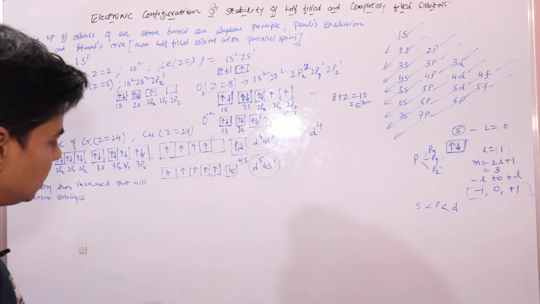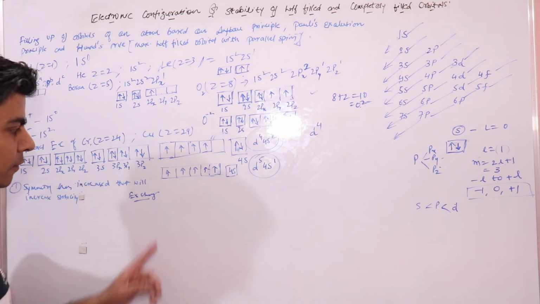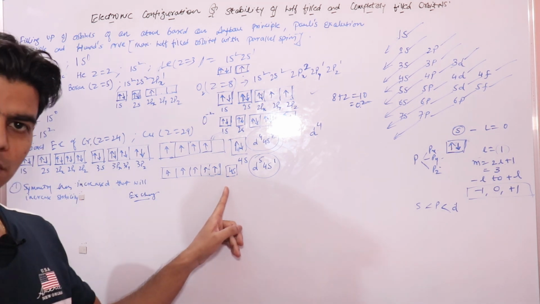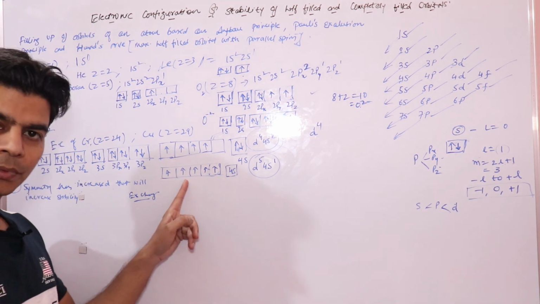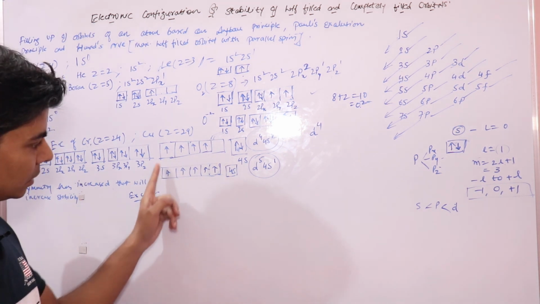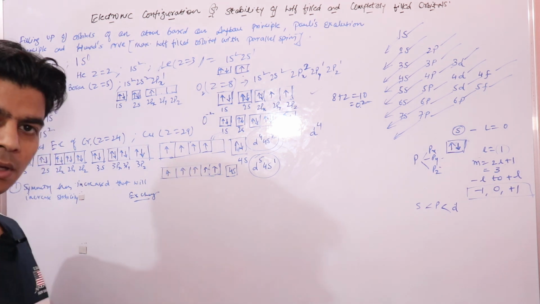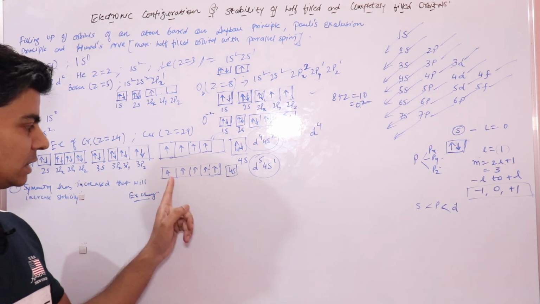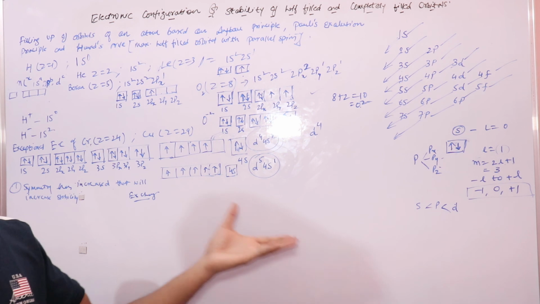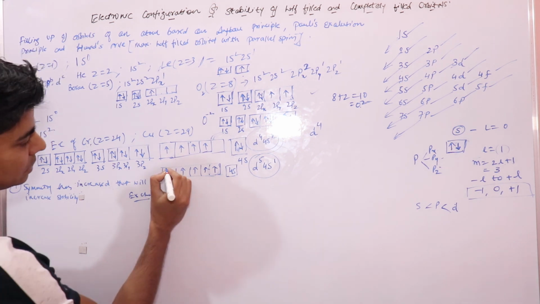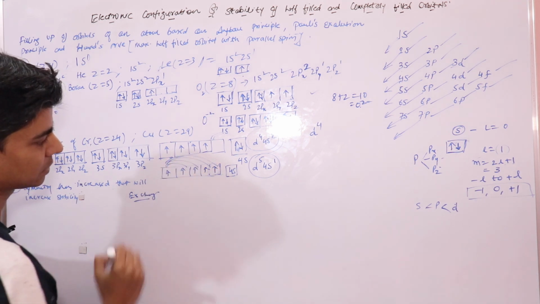And the second reason is exchange energy. When you have a maximum number of unpaired electrons like this, half filled or fully filled, they can exchange their positions, and when they exchange their positions, energy is released. And once energy is released, they will attain stability. That is, this can exchange position with this, with this, with this, right?